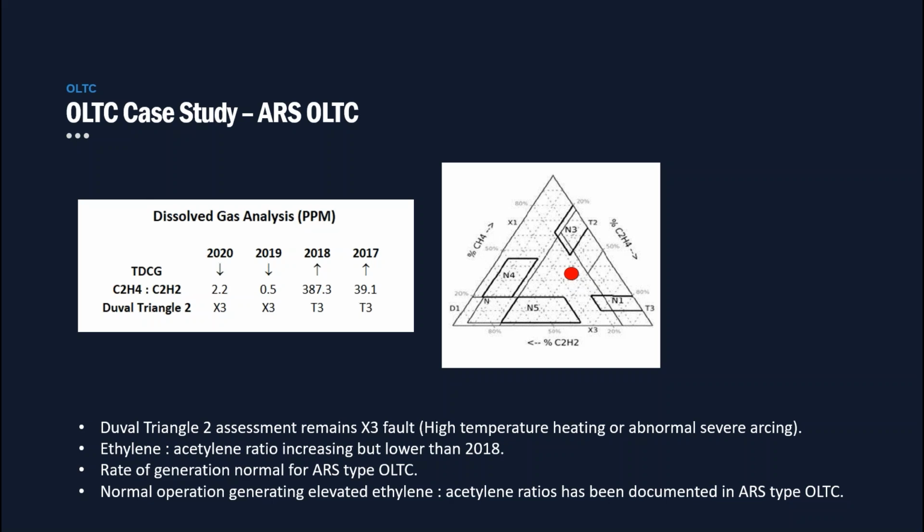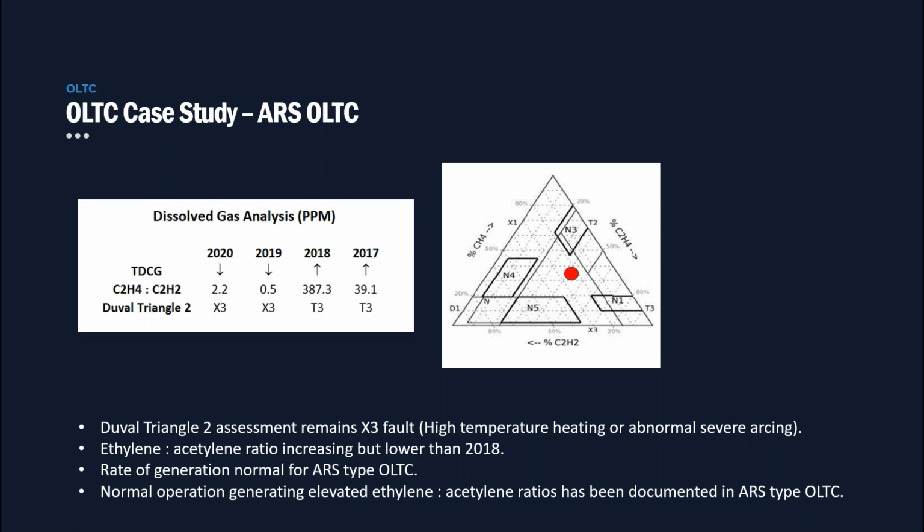But what we've seen is that the acetylene levels have actually reduced between 2019 and 2020, and so this really discounts the occurrence of abnormal severe arcing. And the ethylene to acetylene ratio has increased slightly between 2019 and 2020, so this could indicate increased thermal activity in the on-load tap changer.